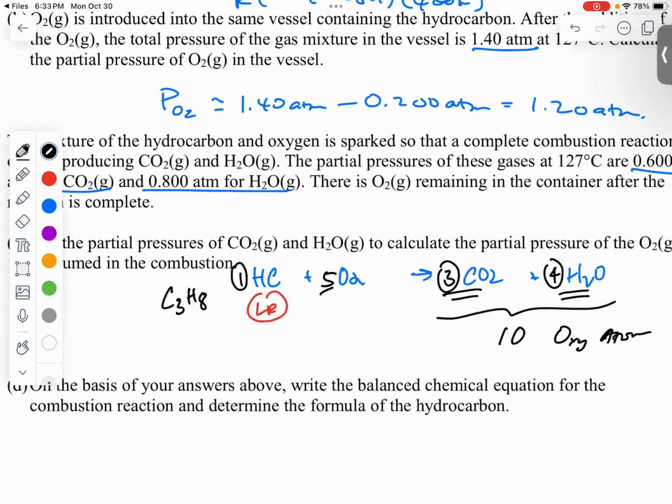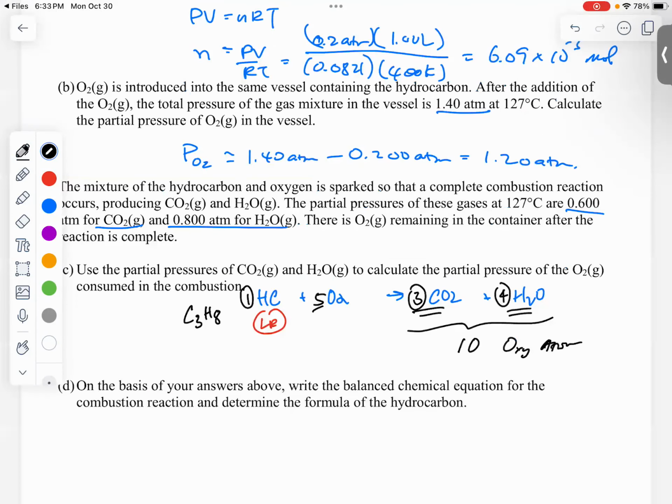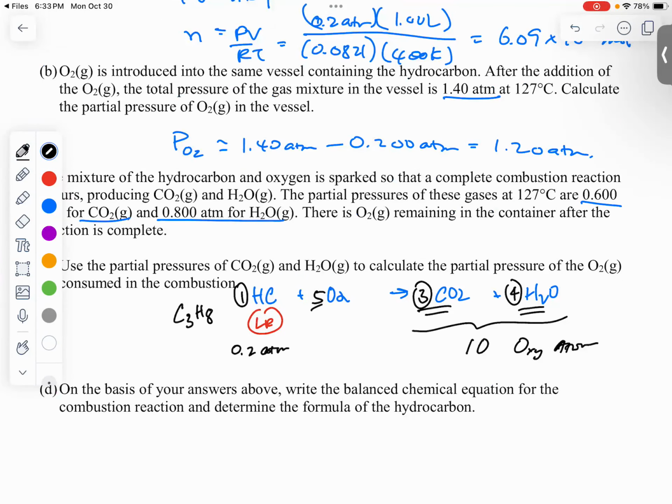So if the ratio is 1 to 5, to consume 0.2 ATM of hydrocarbon, you would consume 1 ATM of O2. And how much did we have to begin with? That's given to us from the very beginning. We had 1.2 ATM to begin with. So that means our remaining partial pressure of O2 is 0.2 atmosphere.